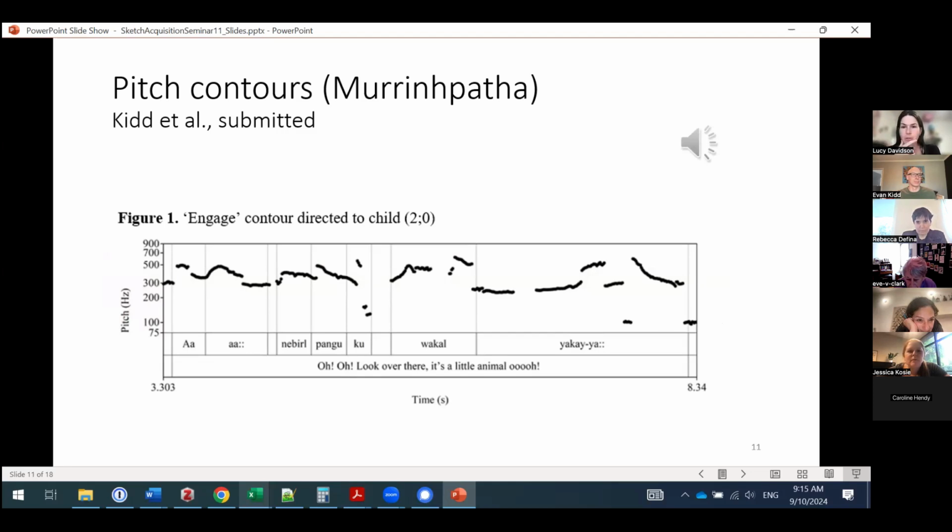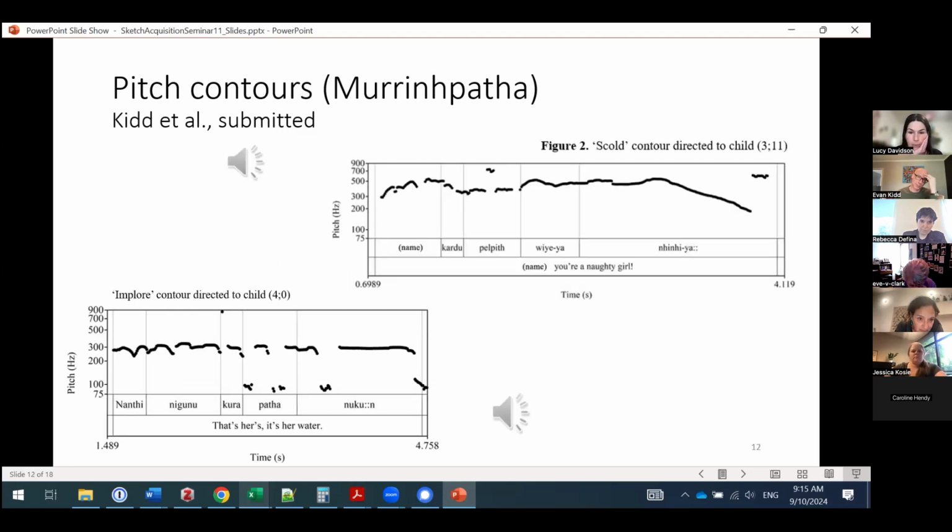And it's generally used to direct the child's attention to objects and people within their environment. Its features, as you can hear, best align with existing descriptions of CDL prosody in other languages. So, for example, there's a higher pitch in general, a higher F0, and an expanded pitch range. And this contour contrasts with the two other melodies that we found.